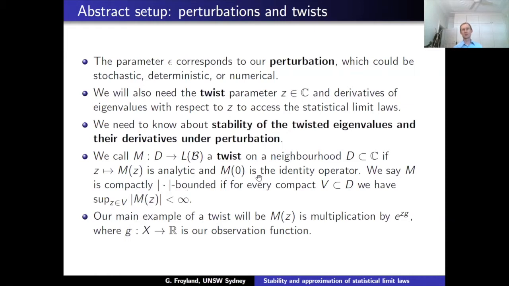Maybe don't worry too much about that, because the main example we're going to use is just multiplication by e to the zg. So M of z acting on some f is just f times e to the zg. And g is going to be bounded, so it's clear how this is going to be satisfied.